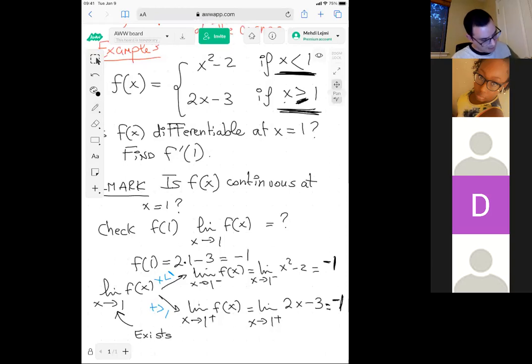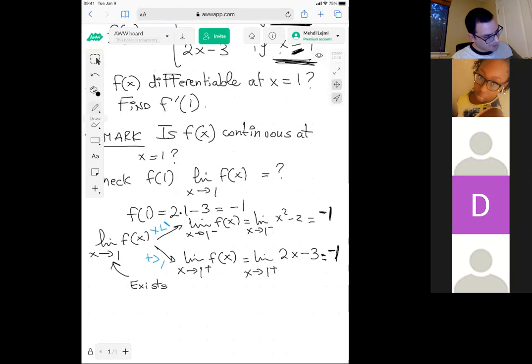So then my limit of f of x going to 1 exists, and it's equal to -1, which is the same as, remember guys, f of 1, we said it's -1.